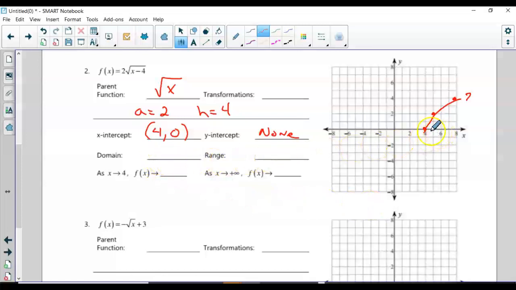Domain, or our x values, starts at 4. And then they go to infinity. Range is from the bottom of the graph to the top of the graph. The bottom of the graph is at 0. And then it goes off to infinity.